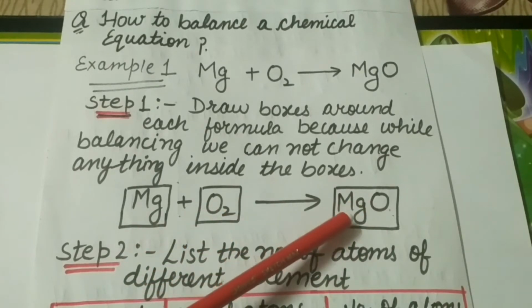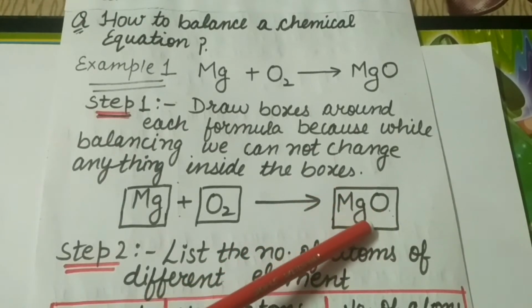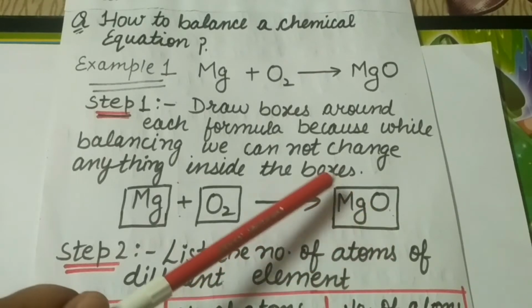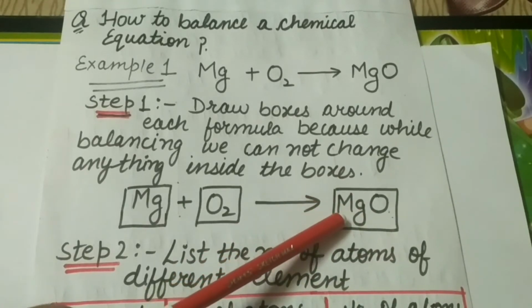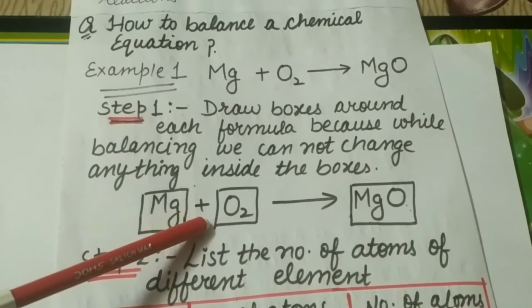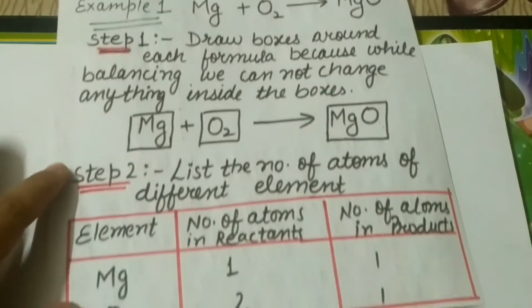The formula remains the same. The only thing we can do is write a numerical value outside of this box. We can multiply it outside the box, so that will be clearer to you in the next step.